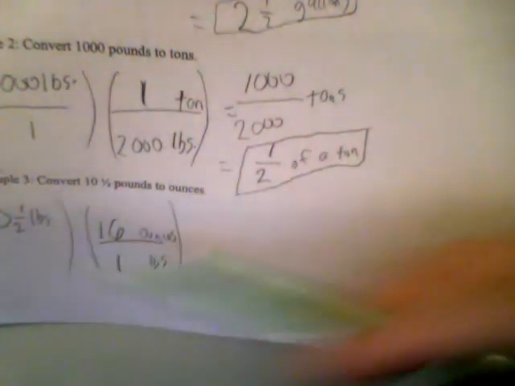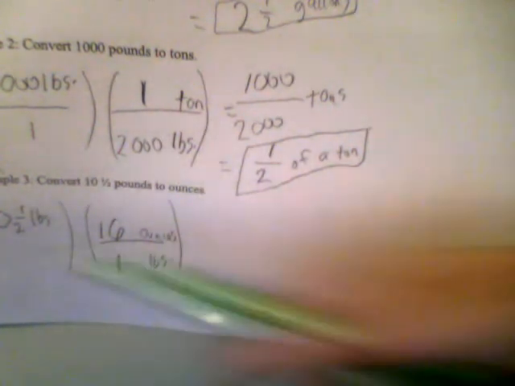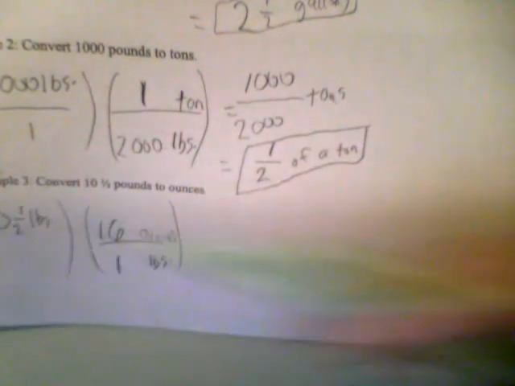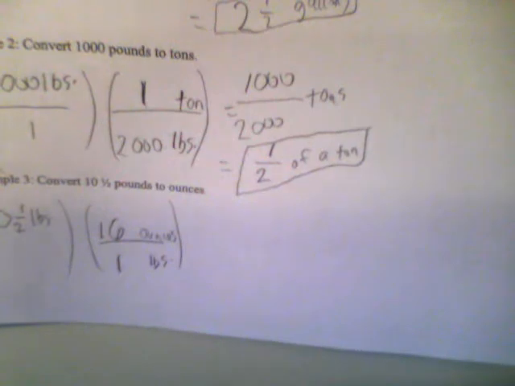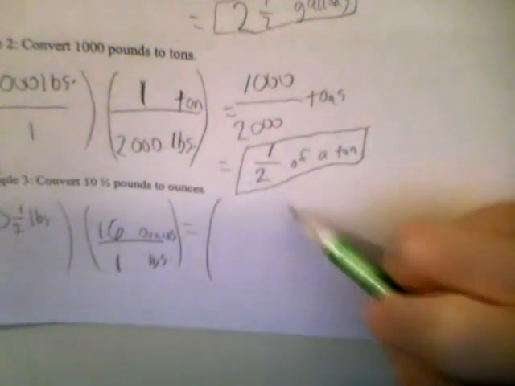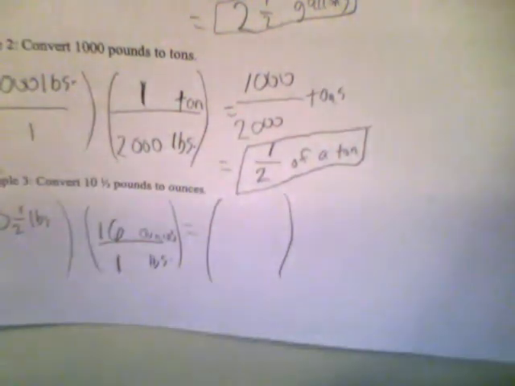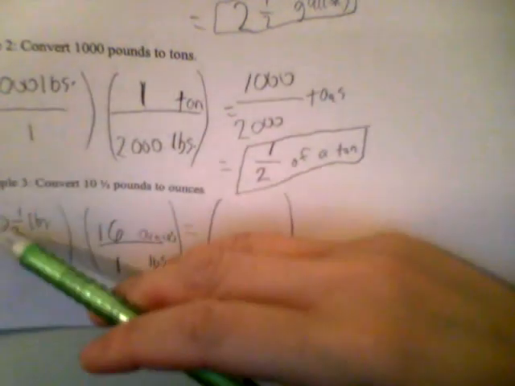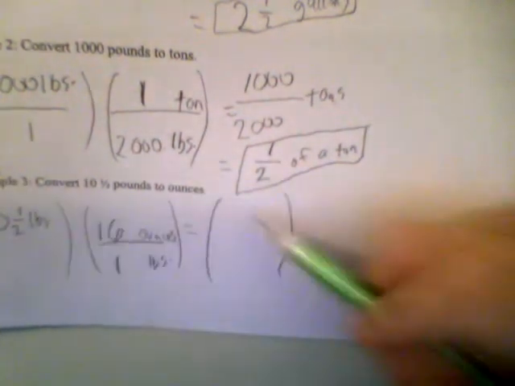Before I can multiply these two together, I need to write my 10.5 pounds as an improper fraction. Because remember, if I have a mixed number when I'm multiplying, the mixed number has to be turned into an improper fraction first. So 10.5 pounds, so 10 times 2 is 20, plus 1 is 21.